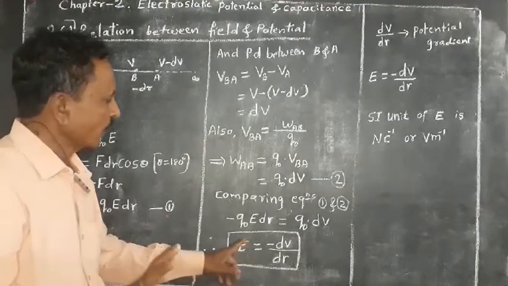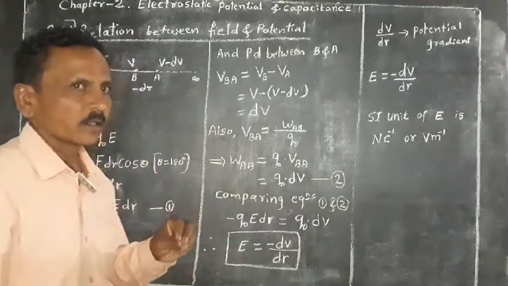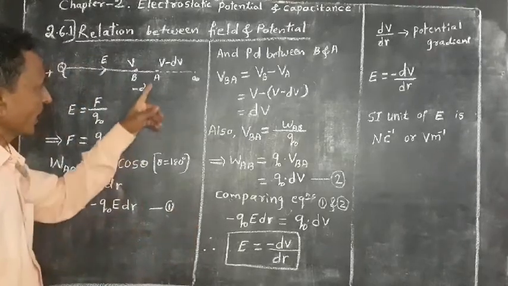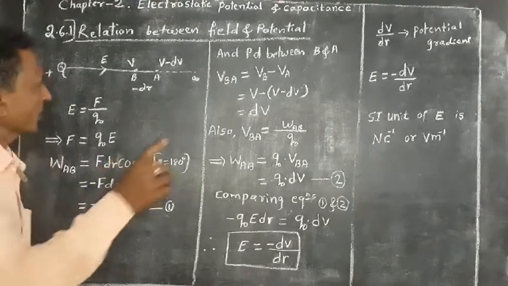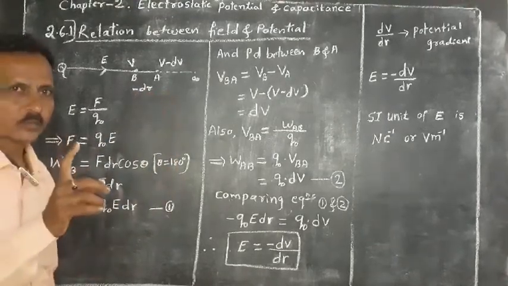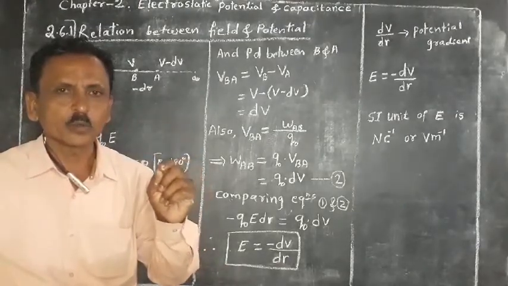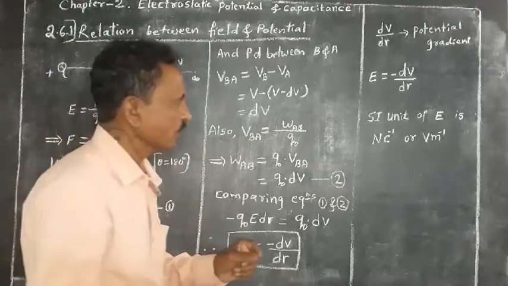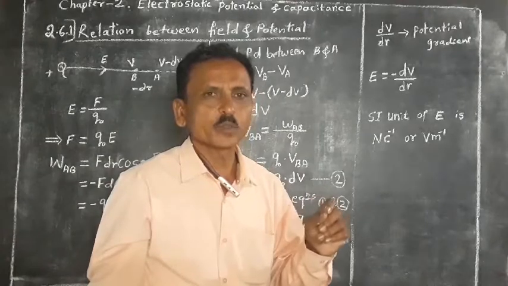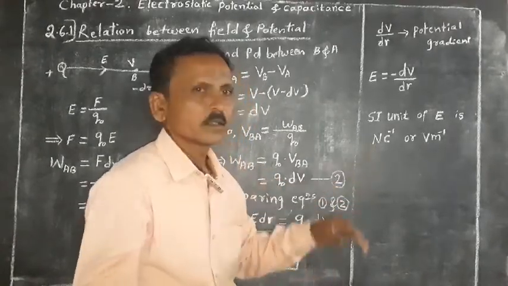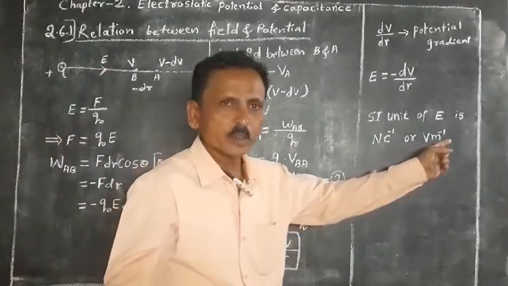Or, for two points separated by 1 meter at a constant potential difference of 1 volt, the field is said to be 1 volt per meter. Hence, the SI unit of electric field is Newton per coulomb or volt per meter.